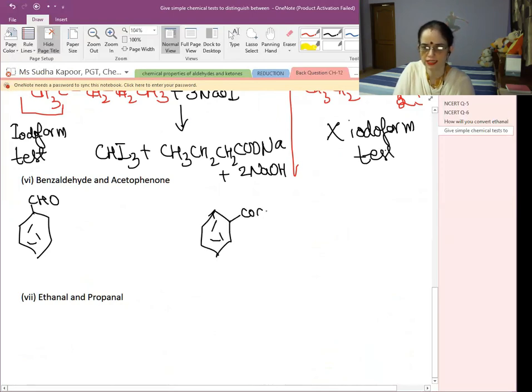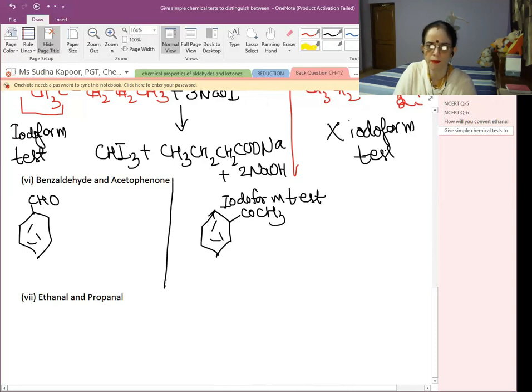So now you can easily imagine that in case of acetophenone, there is presence of methyl ketone. So writing the name of the test as iodoform test will be given by acetophenone, but not by which one? That is the benzaldehyde. So writing the material for it is, that is 3NaOI.